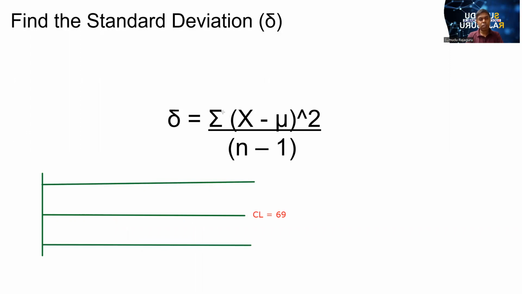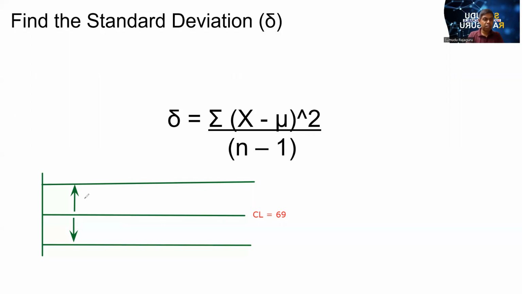So according to statistics, the upper control limit is located, and the lower control limit is located, the same distance from the center line, upward and downward. That distance we call standard deviation.